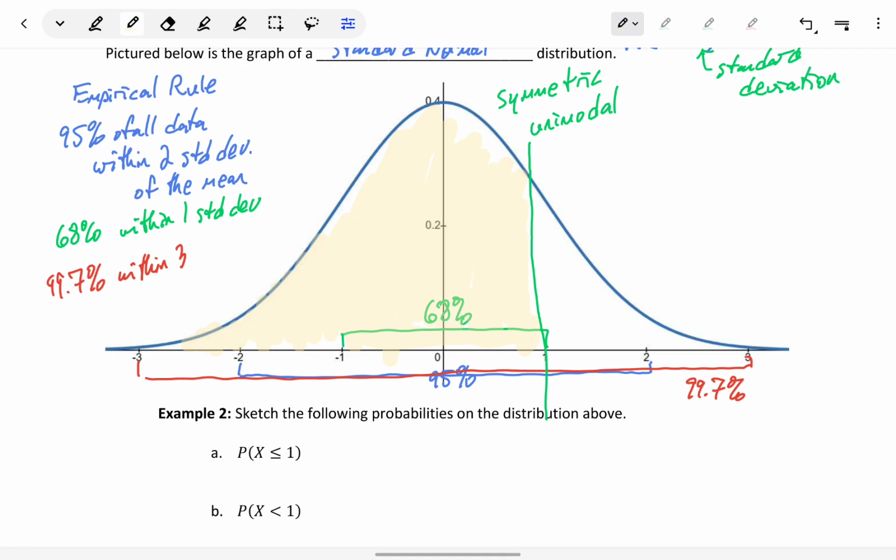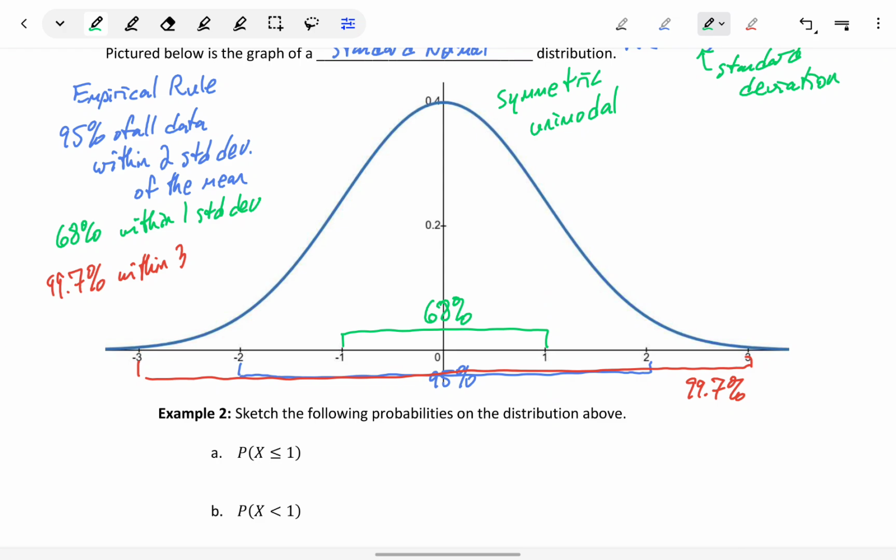We can't calculate that probability by hand, or we could, but it would take a lot of pretty advanced mathematics, so we'll look at using technology to calculate these results for us. But we want to go ahead and continue to visualize how these probabilities look, so we have an idea of what we're calculating later on.